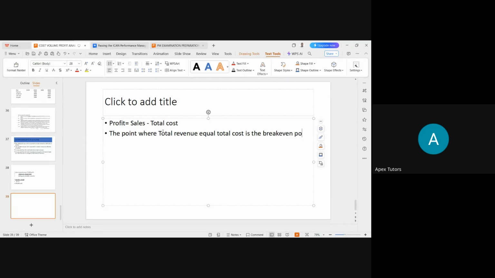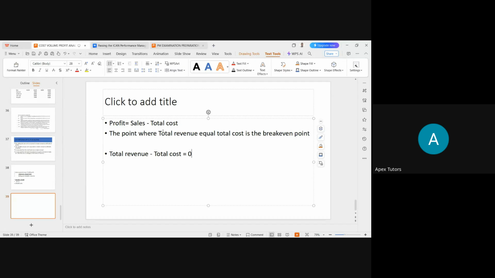So when total revenue less total cost gives you zero, it means this is the break-even point. It is a point where you neither make profit nor loss.